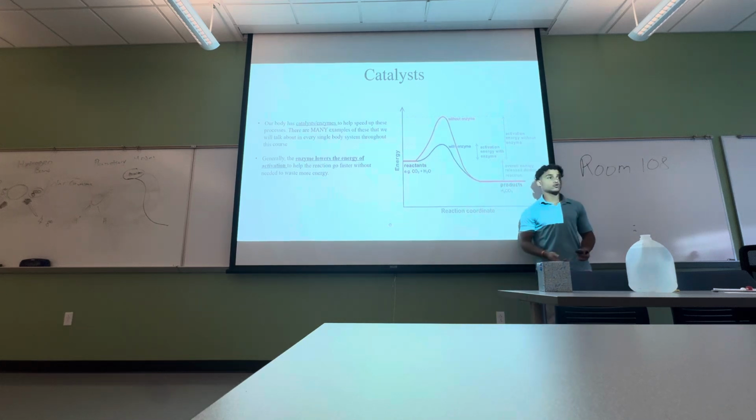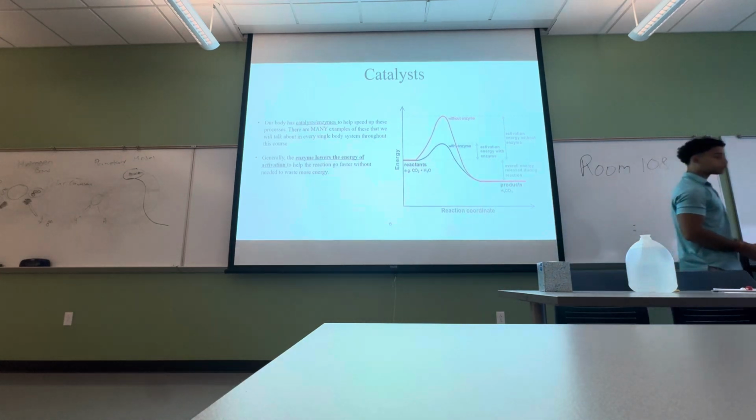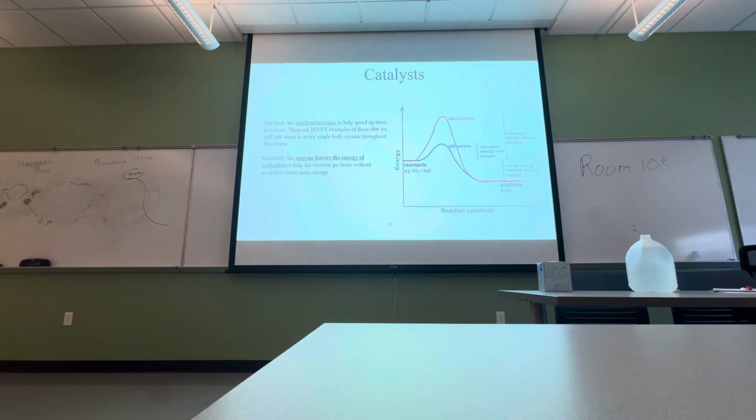So it makes it easier for a reaction to occur. And oftentimes, spontaneous reactions have these enzymes, and we have all kinds within our body to help these reactions move from one side to the next. Okay? All it does is lower the energy of activation, allowing the reaction to occur quicker.